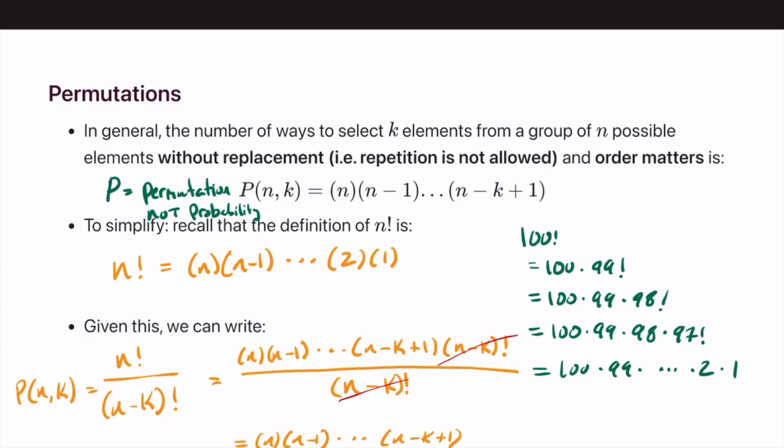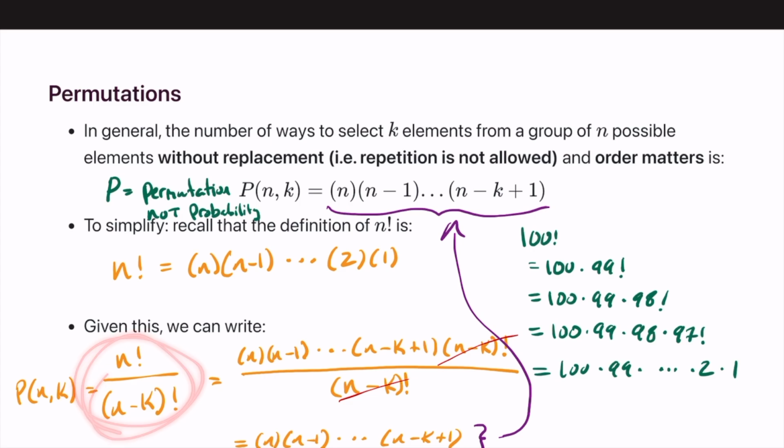And this looks a lot like what we have up there. So here's a generalized expression that we can use for these permutations now, n factorial over n minus k factorial.